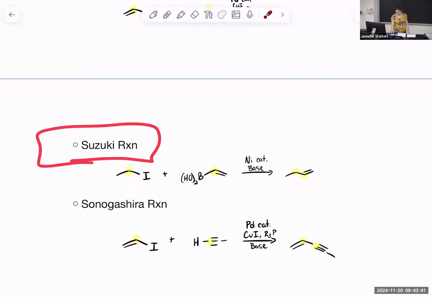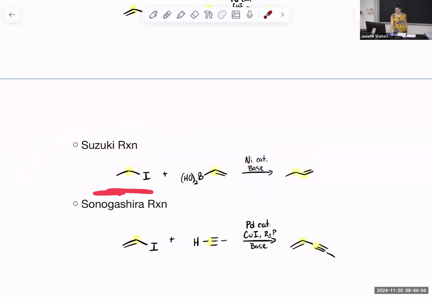Suzuki is, I don't know if it still is, I'm pretty sure it is, the #1 reaction run by pharmaceutical companies. So this is the #1 way that our current pharmaceutical companies make their drugs, using this iodine substituent and then attaching it to that boron, and it is now making this new carbon-carbon bond.